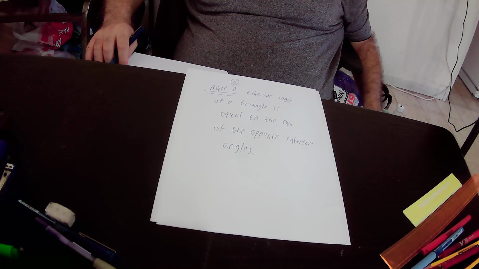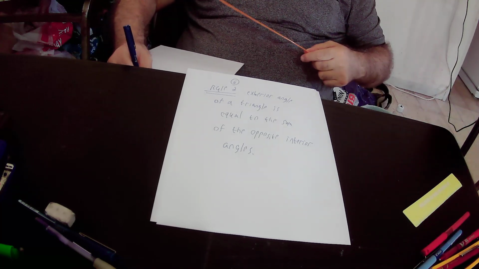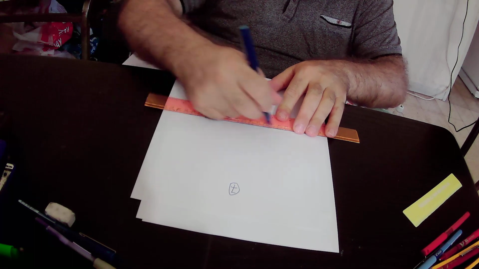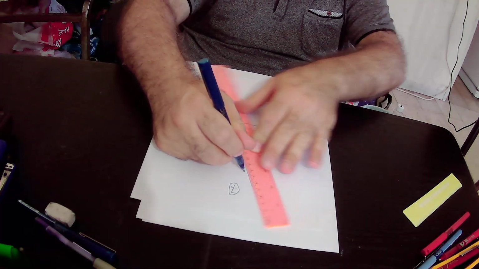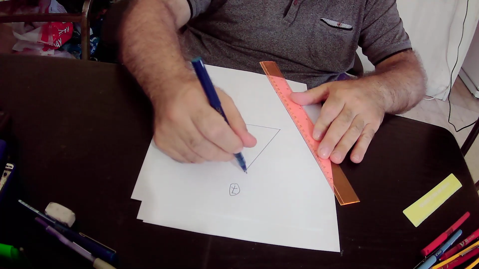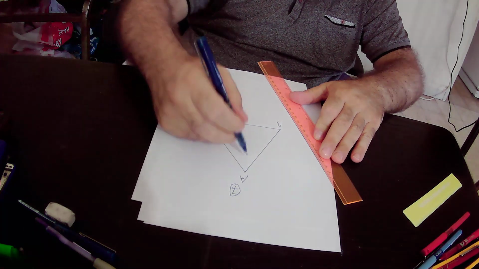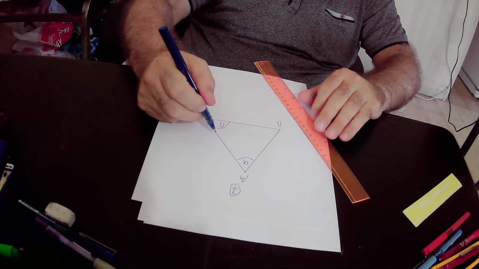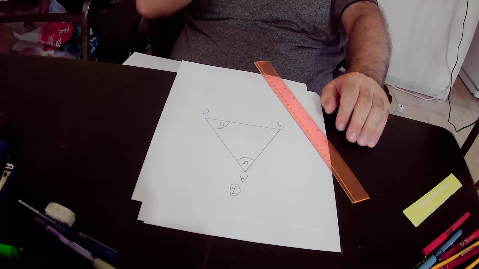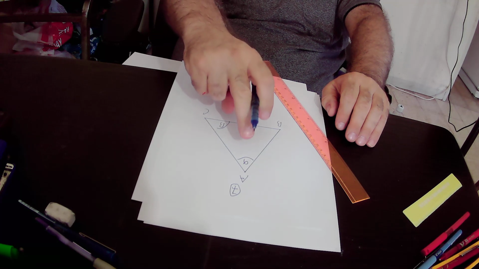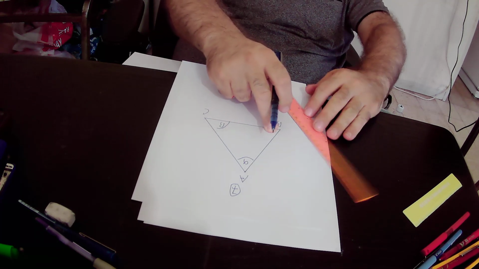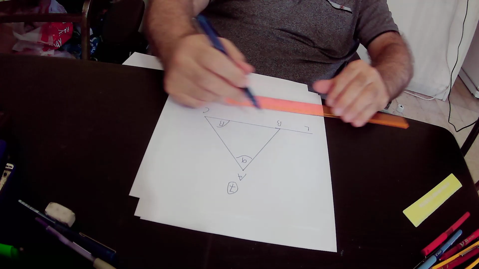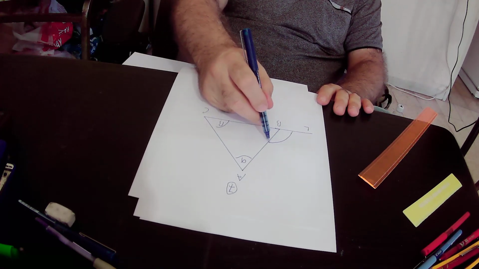So actually, if we have triangle ABC, angle alpha and beta are defined as interior angles, and they are actually opposite interior angles in relation to this angle, and angle ABL is exterior angle.